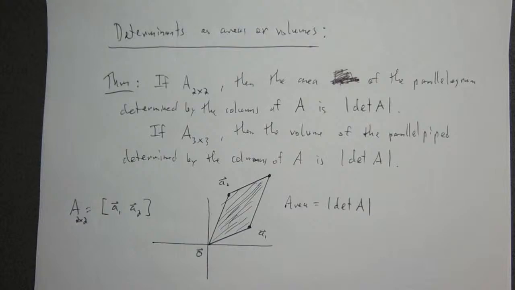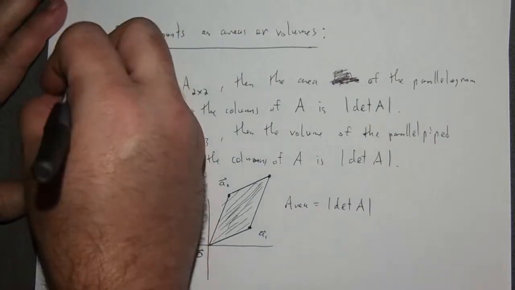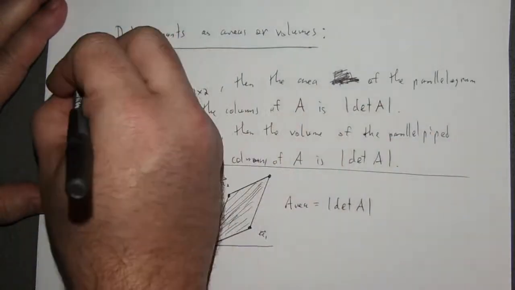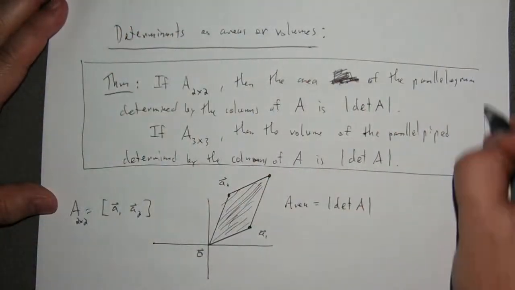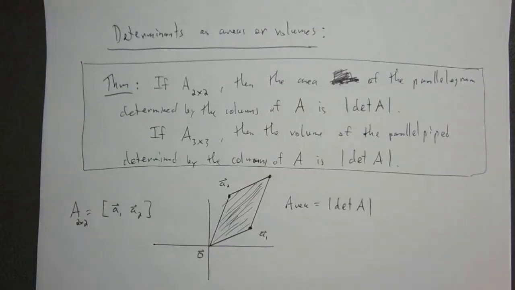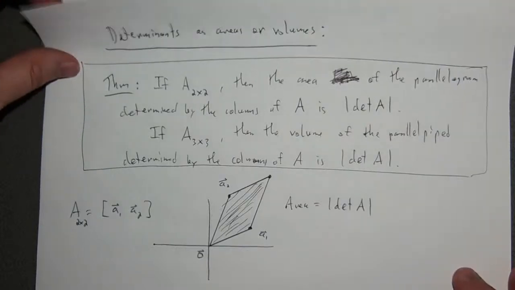All right. So that's the first nice tie-in between determinants and areas or volumes. But a really, really nice fact that you have already seen in Calc 3 in another form. This is actually a simpler form than you've seen in Calc 3 because the types of transformations are much more restricted.